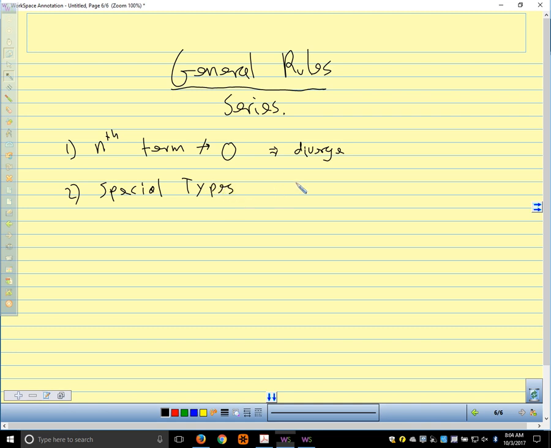So that means, is it geometric? Is it a p-series? Maybe telescoping, especially if it says find the sum. Alternating.